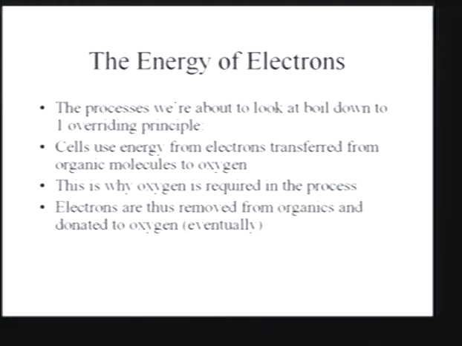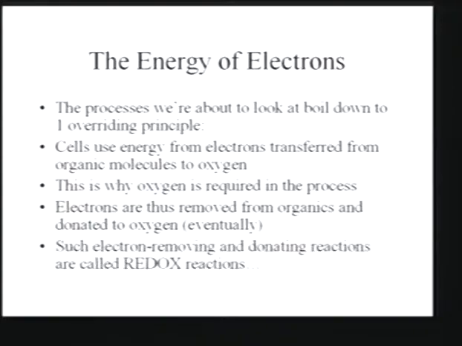So electrons are removed from organic molecules like glucose, and eventually, after going through this whole process, they're dumped off to oxygen, and that produces water. We have a special term for these kinds of reactions. They're called redox reactions, or oxidation reduction reactions.